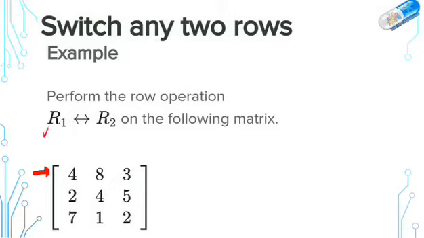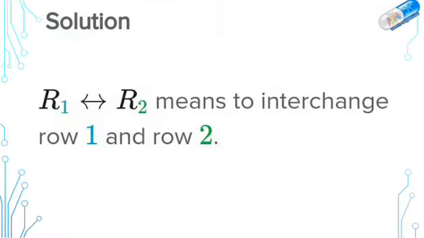So R stands for row. So the rows, this is R1, this is R2, and this is R3. So to perform the operation of switching row 1 with row 2, R1 R2, means to interchange row 1 and row 2.